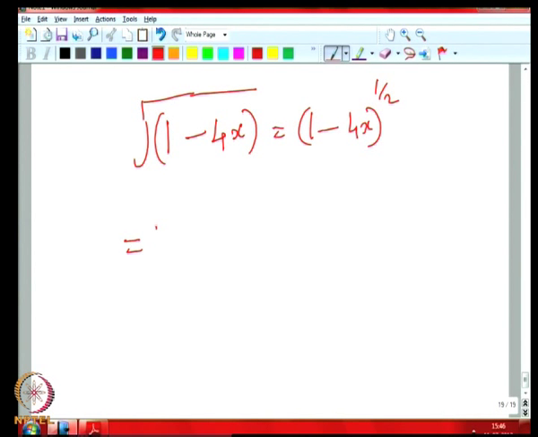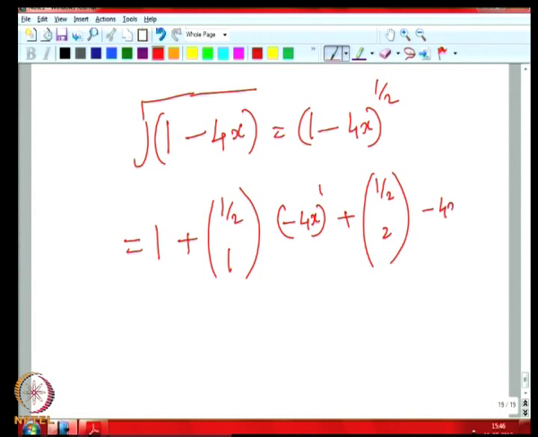This will be like 1 plus half choose 1 into minus 4x to the power 1, plus half choose 2 into minus 4x square, and so on.